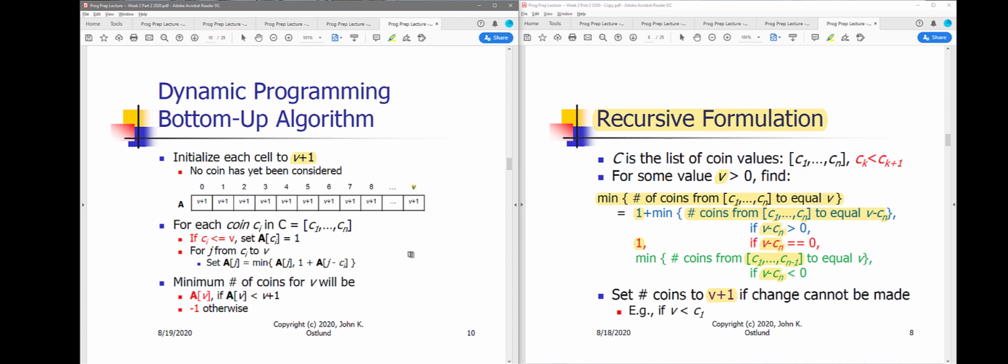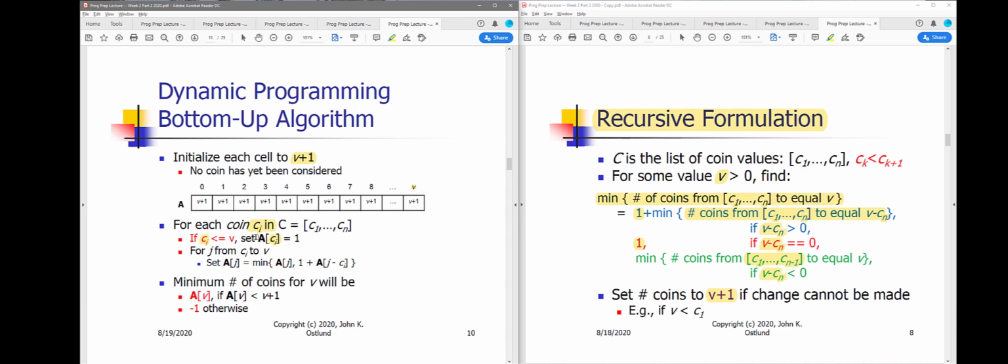And then we have a fairly simple loop to go through. For each one of the coins, some c sub j in the collection of coins, assuming that the value of the current coin is less than or equal to the value that we're looking for, then clearly we only need one of that particular coin to make that change.